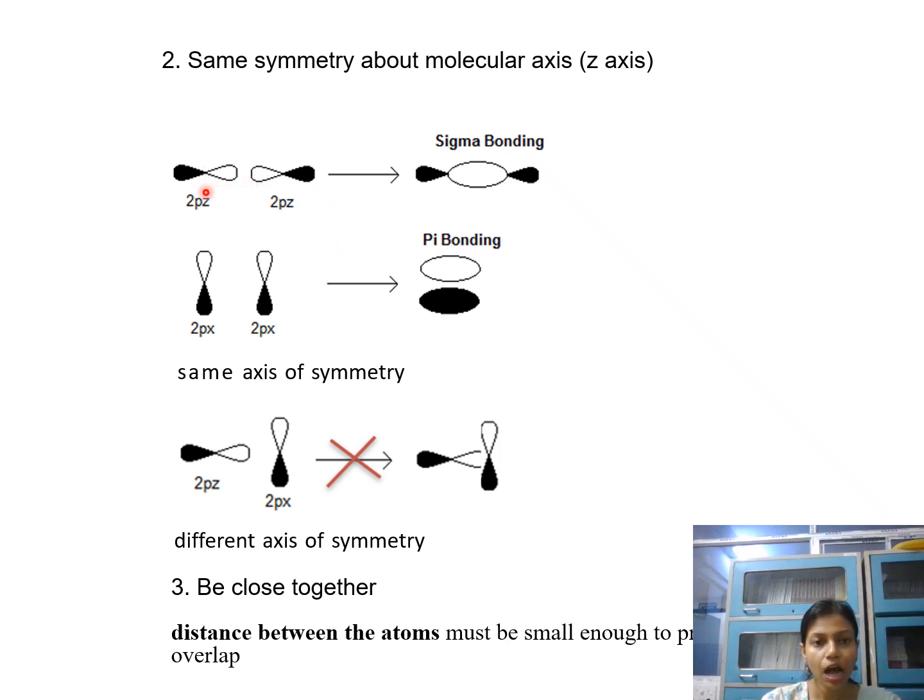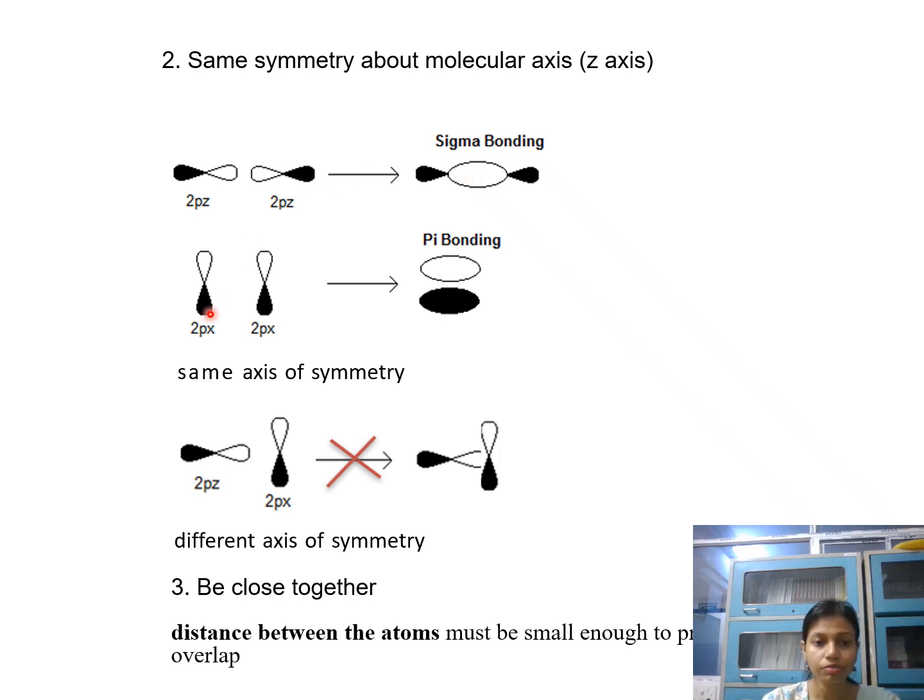Please understand this point with this example. Here, one 2pz orbital of one atom and the 2pz orbital of another atom are given along the z-axis, and they are in the same phase, so they can overlap and make a sigma bond, a molecular orbital.